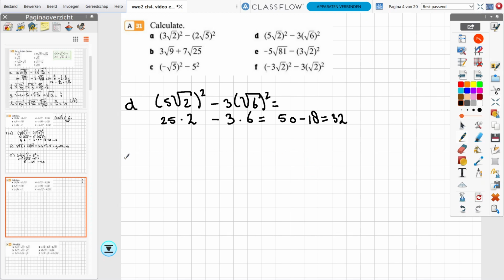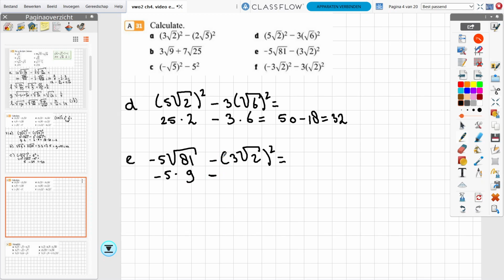Okay? E. Minus 5 root 81 minus, inside of brackets, 3 root 2 squared. Yeah, you can first do the square here and leave this for what it is. I'm immediately going to combine those two things. Root 81 I can calculate. That's just 9.